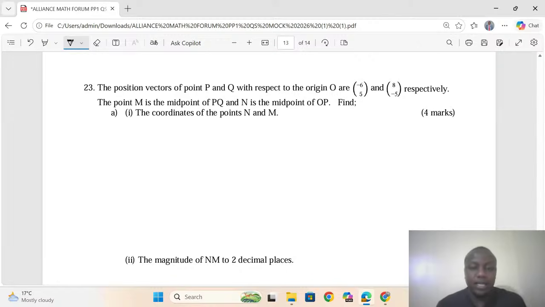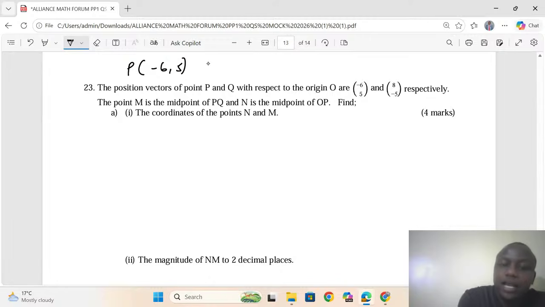Now check this one. I've told you that the coordinates of P can be interpreted from its position vector, and Q is given as (8, -5). Now, when we say that M is the midpoint of PQ, can we find M?